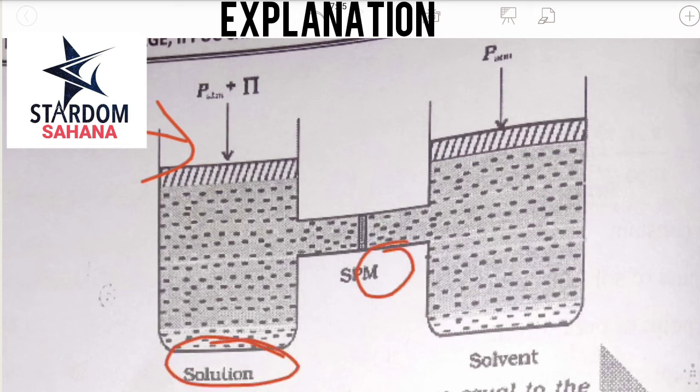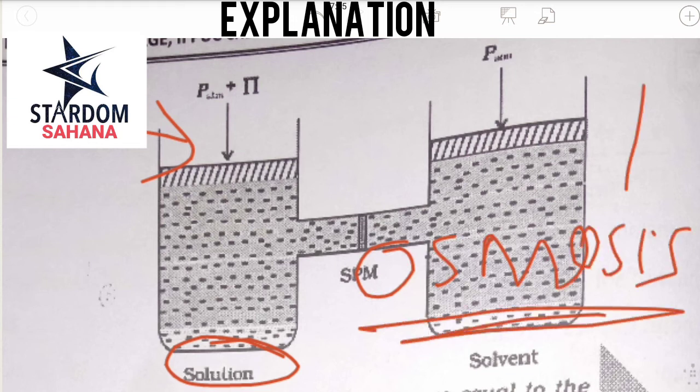To prevent the osmosis of the solvent, where the solvent moves to the solution. It mainly prevents the movement of solvent into the solution through the semi-permeable membrane by applying external pressure. This type of pressure is called what? Osmotic pressure.